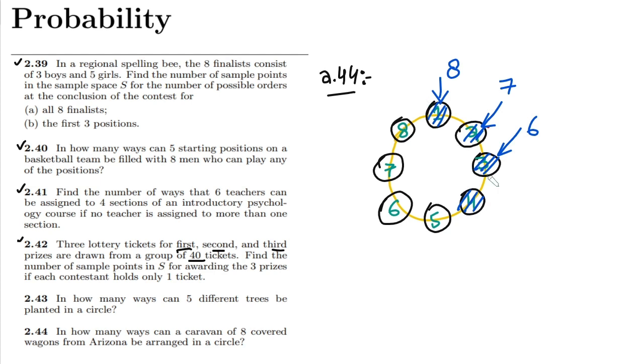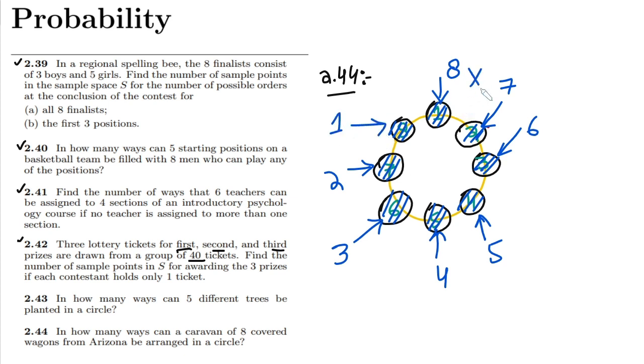If 3 are occupied, I will have 5 options. If 4 are occupied, I will have 4 options. If 5 locations have been occupied, 8 minus 5 is 3, so 3 options. Here I will have 2 options, and at the end I will have only 1 option.